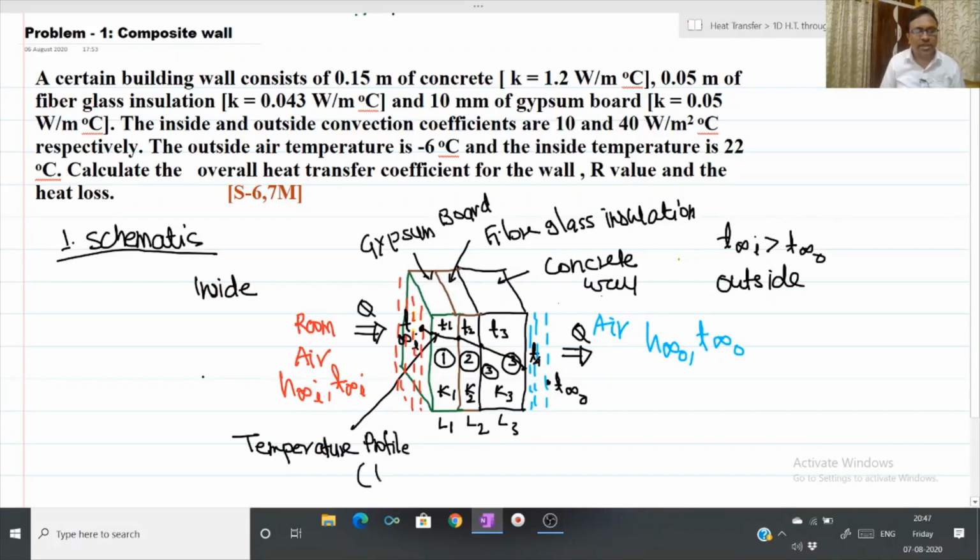And it is linear in nature, as we know from the heat conduction analysis of composite wall and plane wall. So we could represent all the detailed information on this schematic diagram, and let's say area normal to heat flow is A meter square, which will be this area, and this will be same for all the materials.